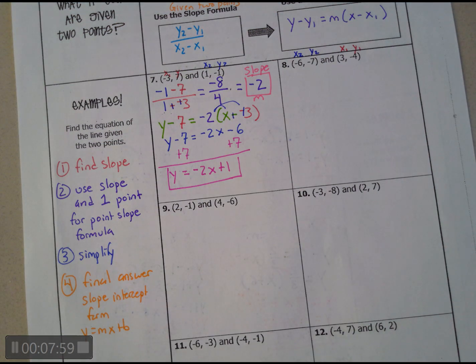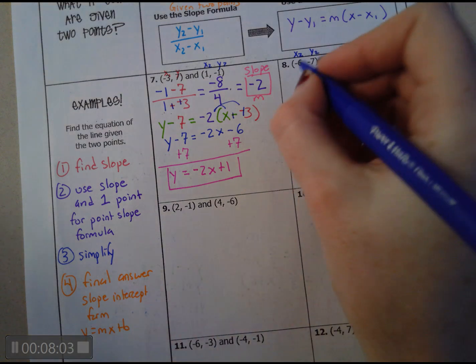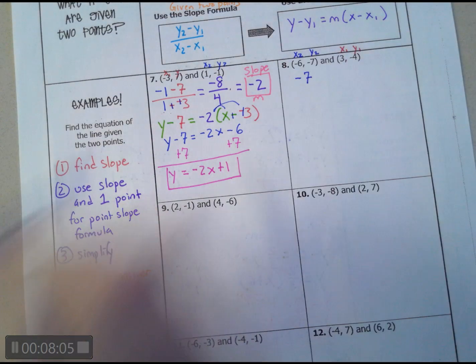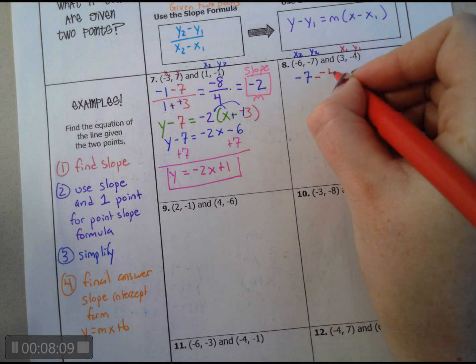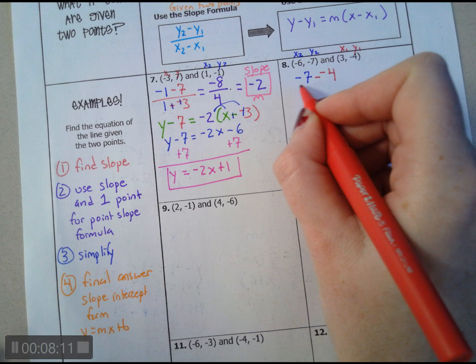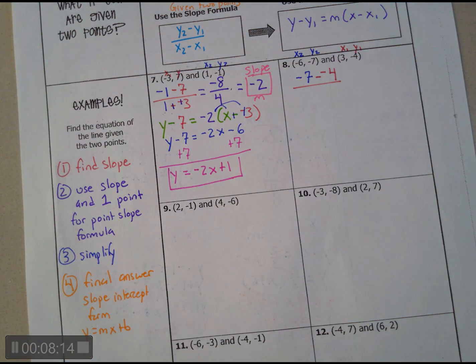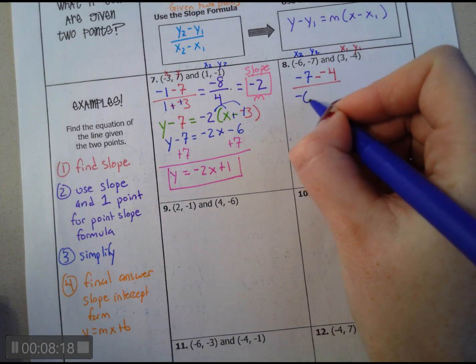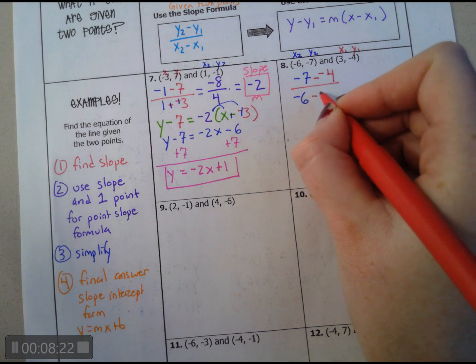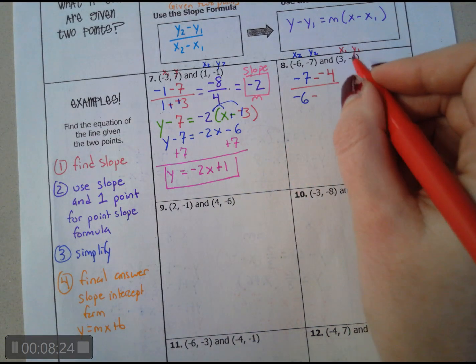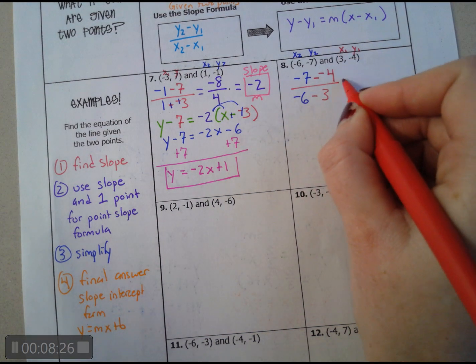Alrighty. So since it is y2 minus y1, I'm going to have -7 minus a -4. And then over x2, I said was -6, minus x1, so we always have our minus, and then this is a +3.